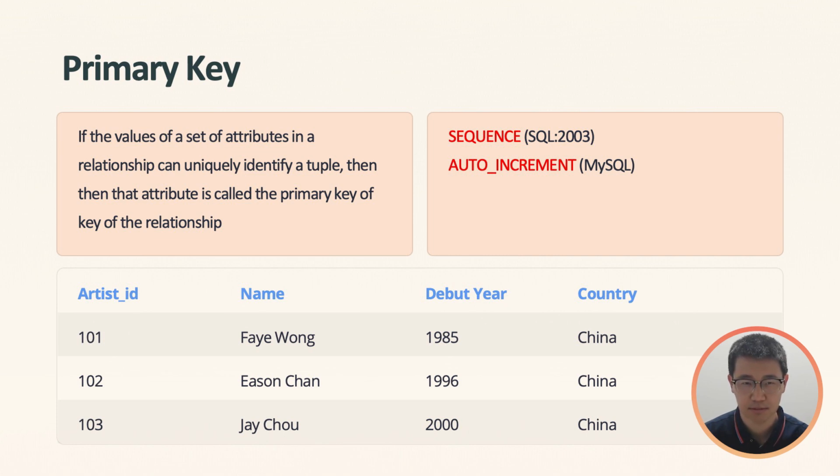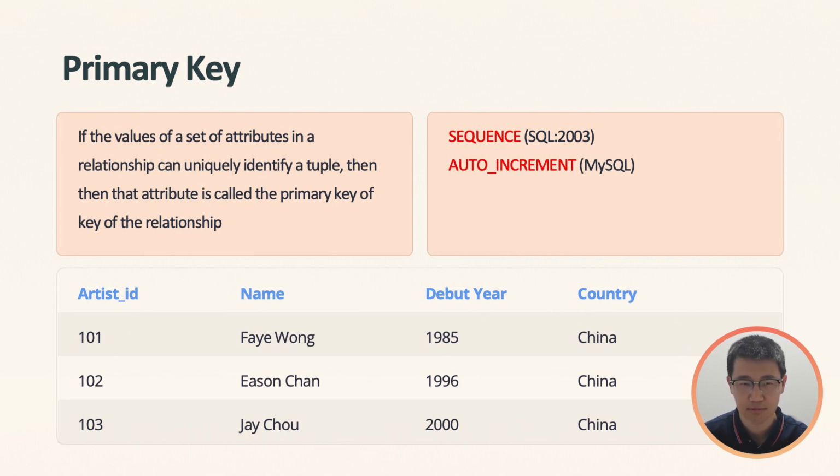In a national database or any relational system, everyone's identification number serves as a unique identifier. This unique identifier can then be used as the primary key.